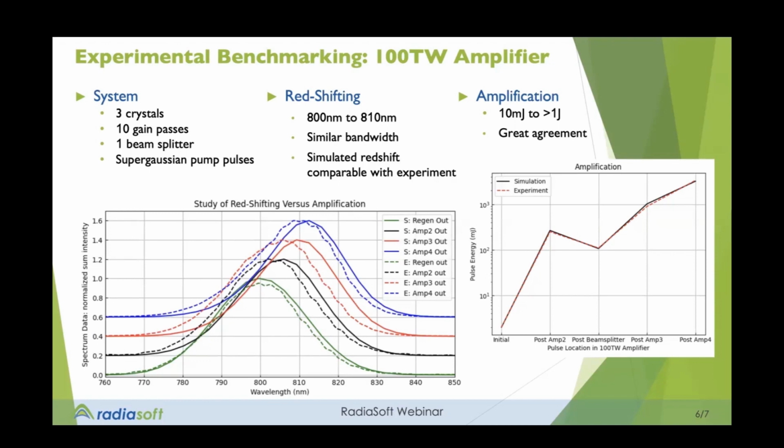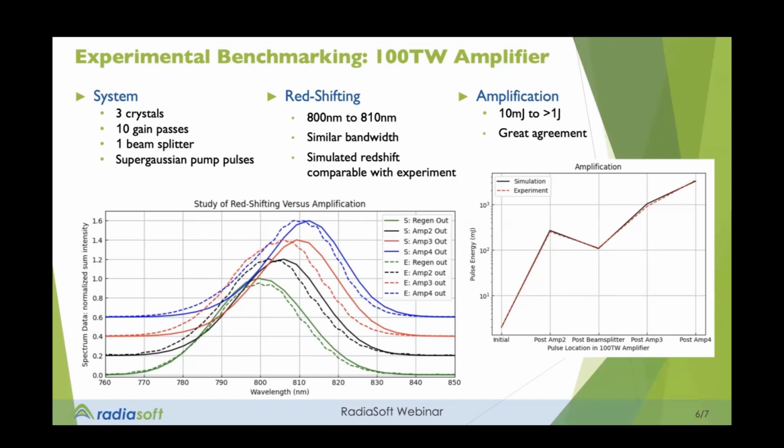We also achieved comparable redshifting and bandwidth. So the figure on the left shows the redshifting versus amplification over the course of the full system. The dashed lines are experimental results, the solid lines are simulated results, and then the colors correspond to the position in the system.